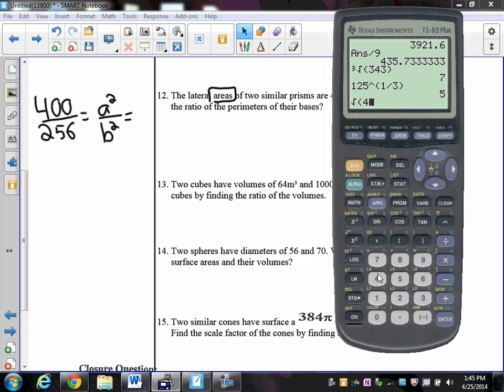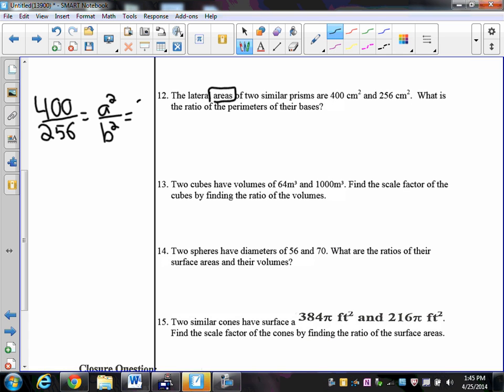I take the square root of 400, I know that that's a perfect square, and I take the square root of 256. Again, a perfect square. So it's going to be equal to 20 squared over 16 squared. So A to B is going to be 20 over 16, which is the same as 5 over 4.